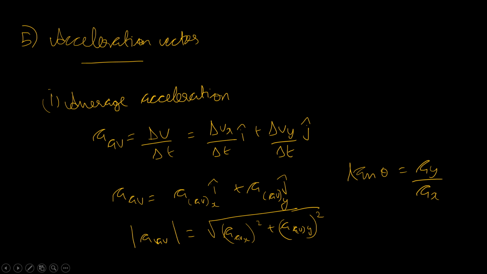I'll just clear this. The next one we need to learn is instantaneous acceleration. It is defined as the limiting value of the average acceleration as the time interval approaches zero.